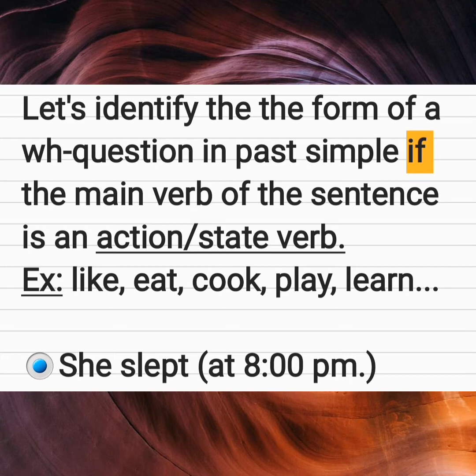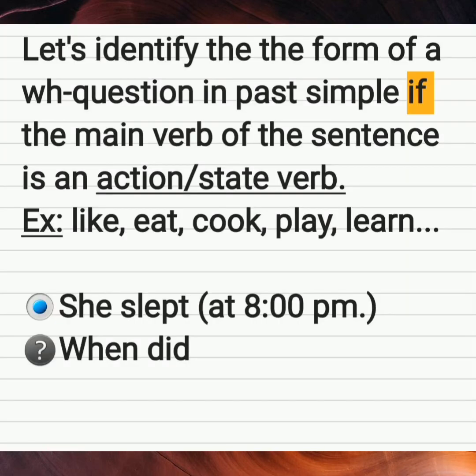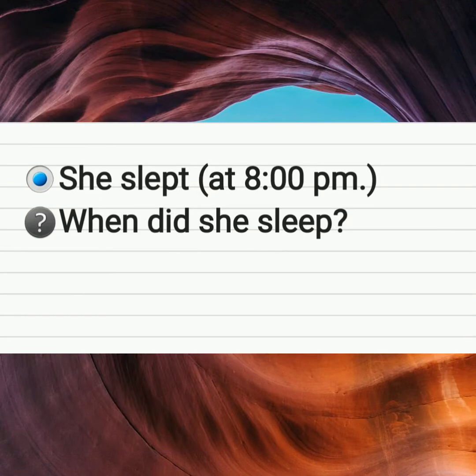At 8 p.m. is a time, so we should use when. The second and the very important step is to use did. Did, because you have an action or state verb. So the question will be, when did she sleep?